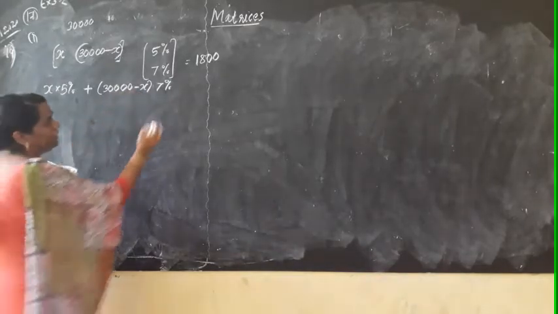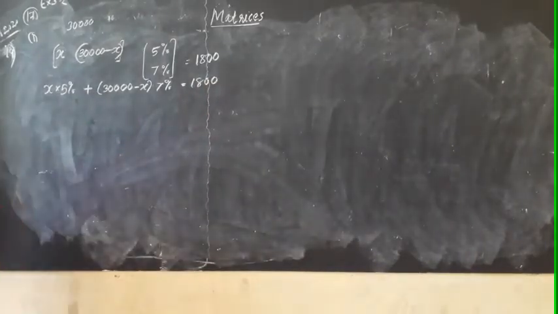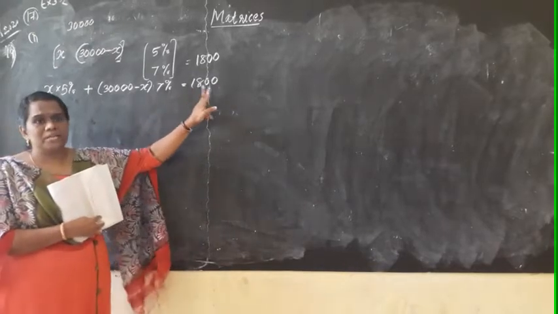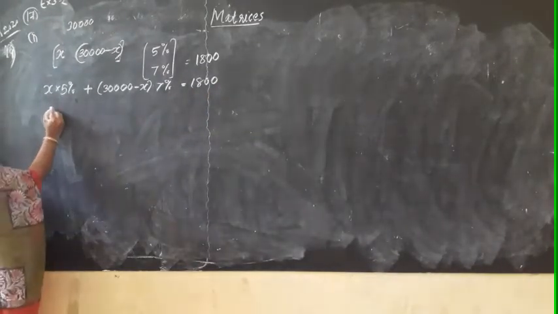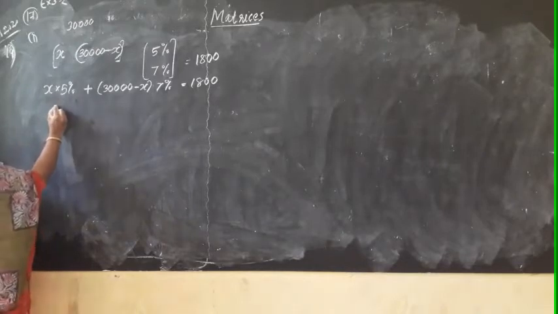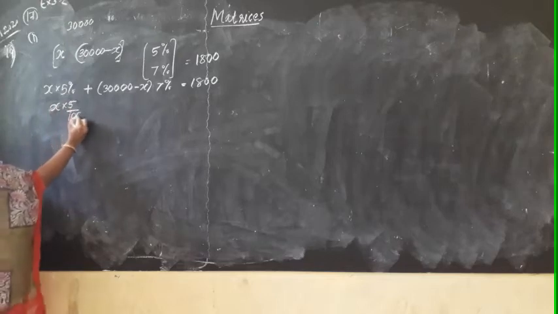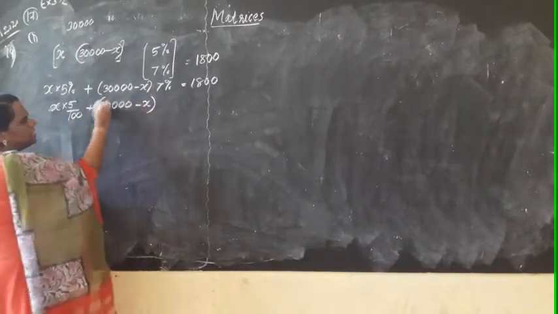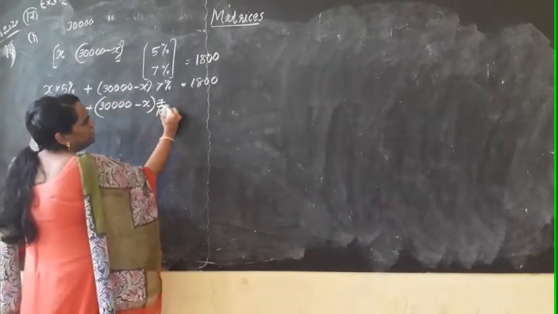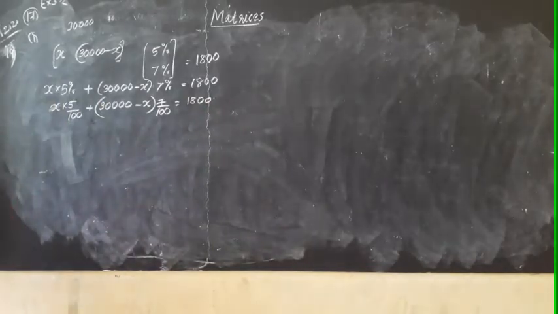And the total interest is rupees 1,800. Then how to write this? 5% of x is x into 5 by 100, plus 30,000 minus x into 7 by 100 is equal to 1,800.